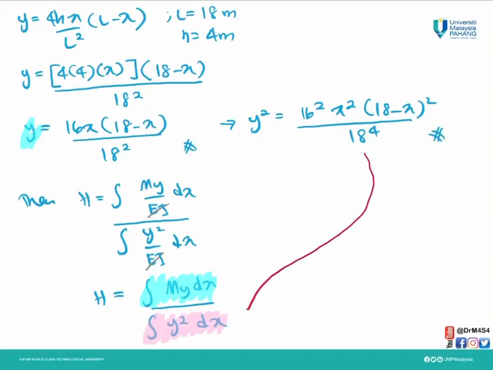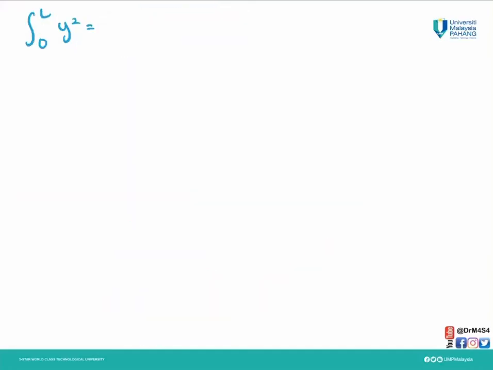Now we need to find the integration of y squared dx. For this one, we're going to take the complete parabolic between 0 to 18, because the equation is only on y, we don't have m in this equation.